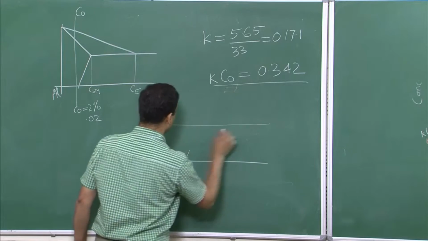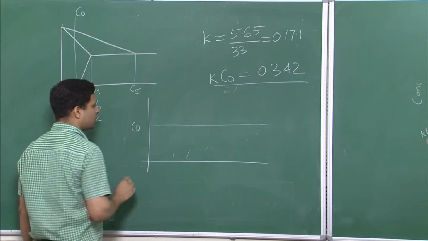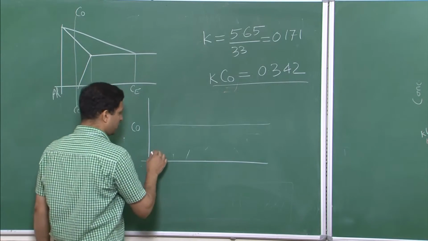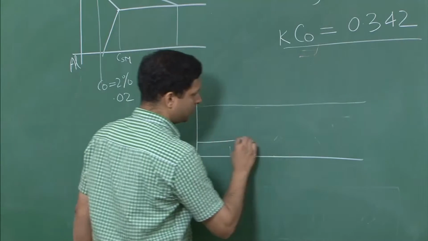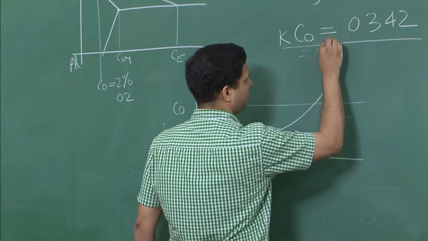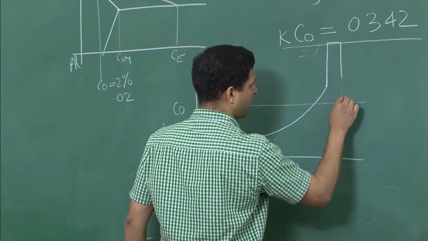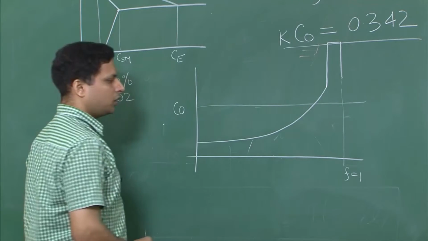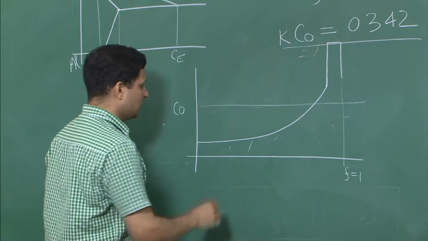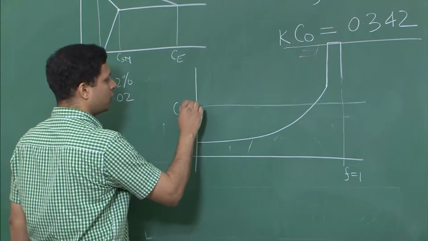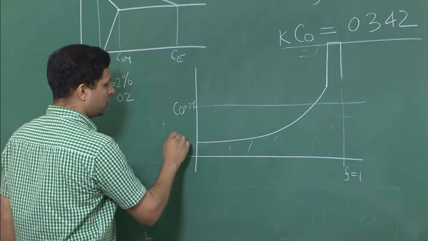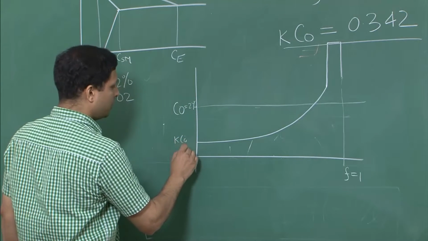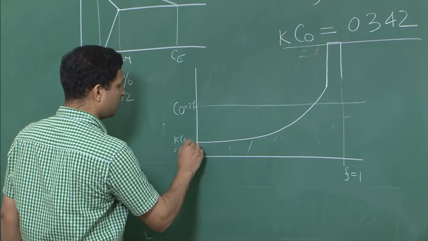So this is how first we will draw just in a schematic way how it should look like. This is fraction F equal to 1, C naught we know is equal to 2%, this is Kc naught which is equal to 0.342%.